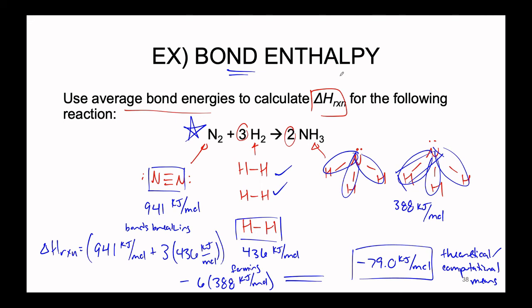Theoretical/computational approaches always take averages. We're always looking at statistical averages and approximations. So the negative 79.0 kilojoules per mole isn't 100% accurate either. In fact, the real enthalpy of reaction is probably somewhere in between these two values, within standard deviation. So I want to point this out.